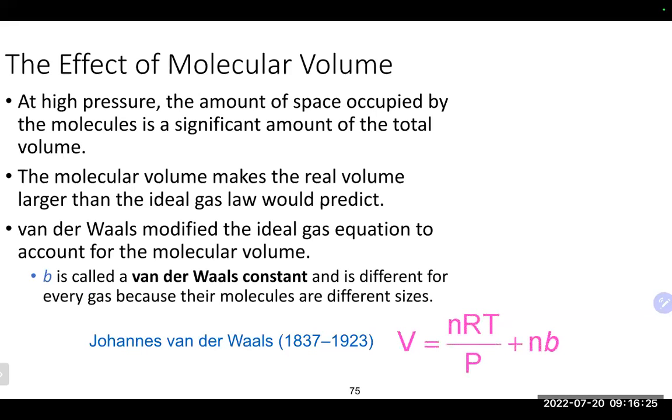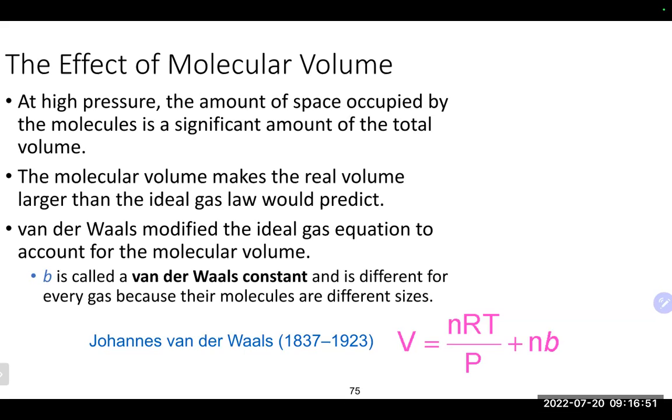So the effect of molecular volume at these high pressures, the amount of space occupied by the actual gas molecule, is significant. It's like taking a golf ball that's occupying this container, versus a golf ball that's occupying a big giant bucket. It's going to take up a lot more room, and you have to take that into account.